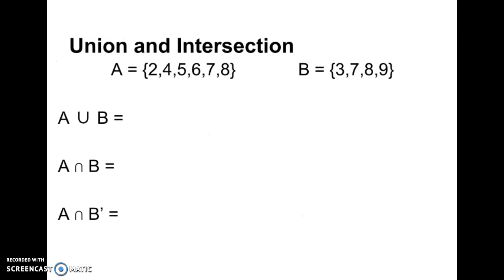All right, so that takes us to this first example. And I have set A as being 2, 4, 5, 6, 7, and 8, and set B as being 3, 7, 8, and 9. So here are a few questions. What is A union B?